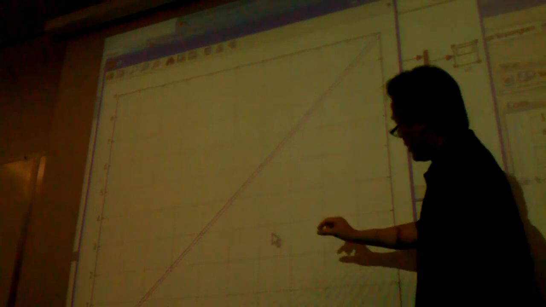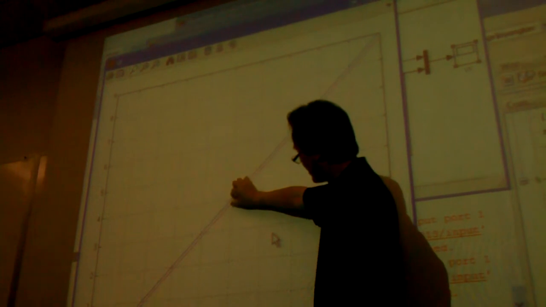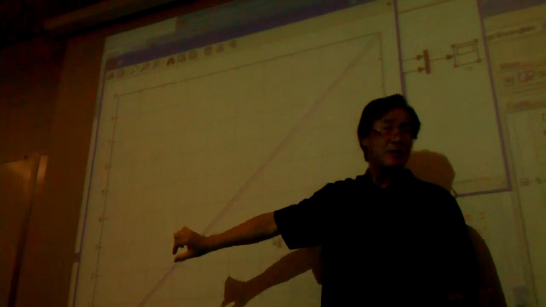Your input is this one. So you run this, and you can see both of them. Definitely there is error here. So even with a PID controller, a ramp input has error.